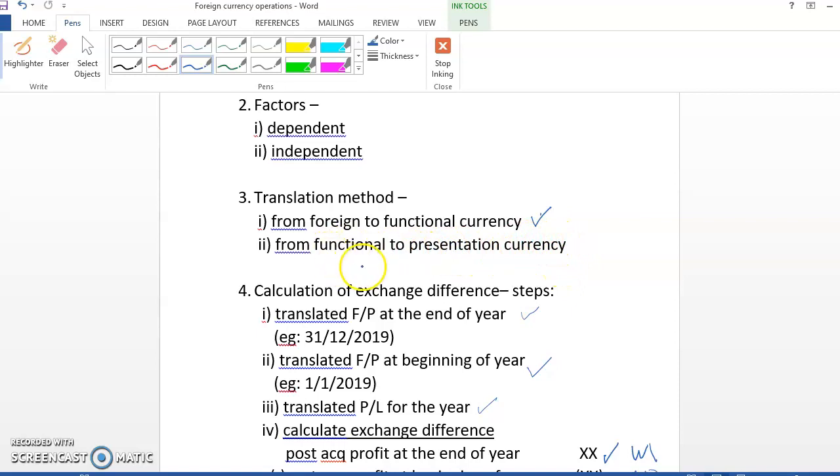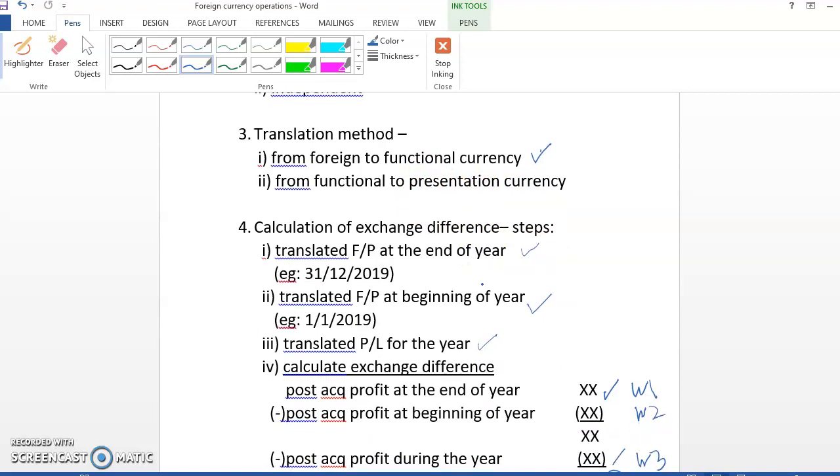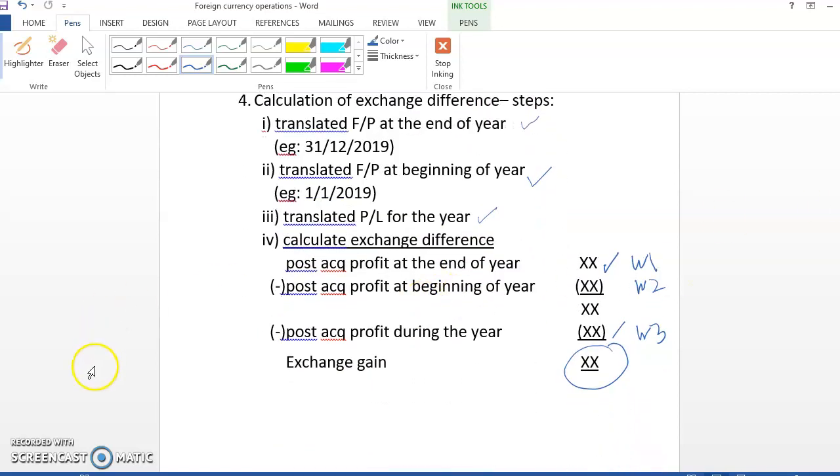This is the situation whereby the subsidiary is very independent, meaning that the subsidiary does not depend on the holding company. When the situation is independent, the method that we use will be from functional to presentation currency. So we will look at example 5 from the textbook.